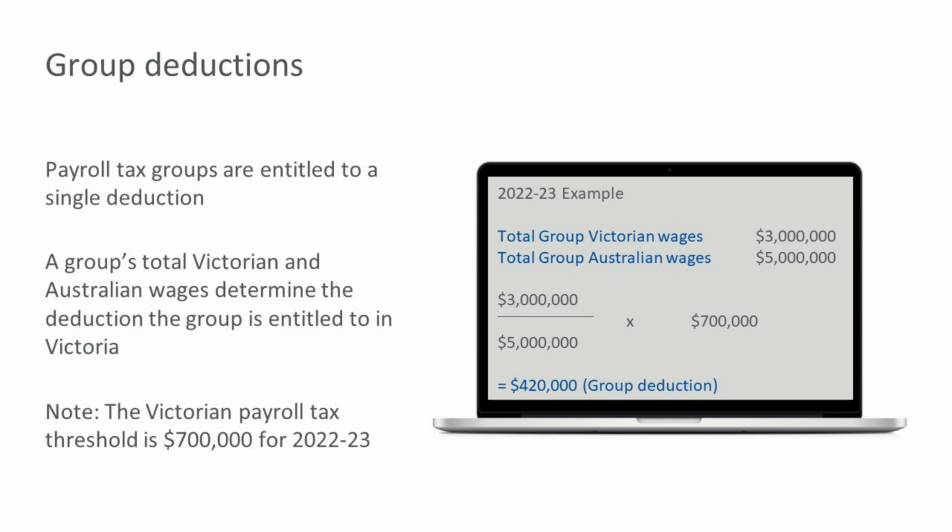The group's total Victorian wages for the year are $3 million and the group's total Australian wages for the year are $5 million. 3 million divided by 5 million is 0.6. 0.6 multiplied by the full payroll tax threshold for Victoria gives a group deduction as shown on the screen. If the group only employed for part of the year, the deduction would be further apportioned based on the number of days the group employed during the financial year.